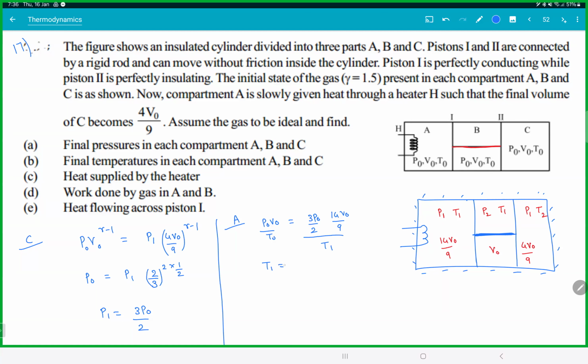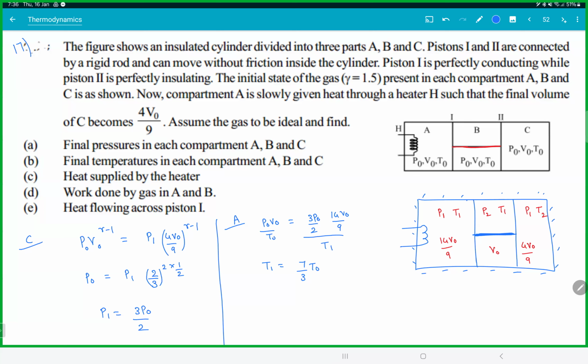So I'll get T1 will be 7 by 3 T naught. 3 3s are, 2 7s are. T1 has come? Yes. Did I get that volume right? 14 plus 8, 9, 2 naught, that is right. I got T1. What else do you need to find? I need to find P2 and T2 also.